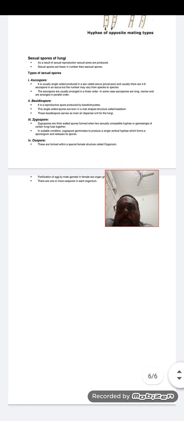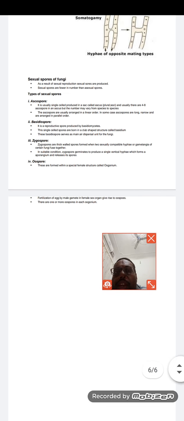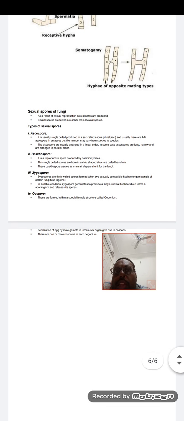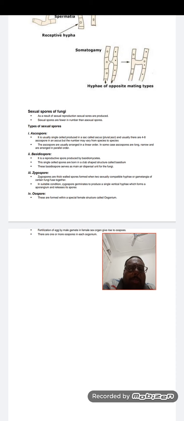And the next one is the zygospore. Zygospores are thick-walled spores formed when two sexually compatible hyphae meet together, as you can see there. And oospores are formed within a special female structure known as the oogonium.